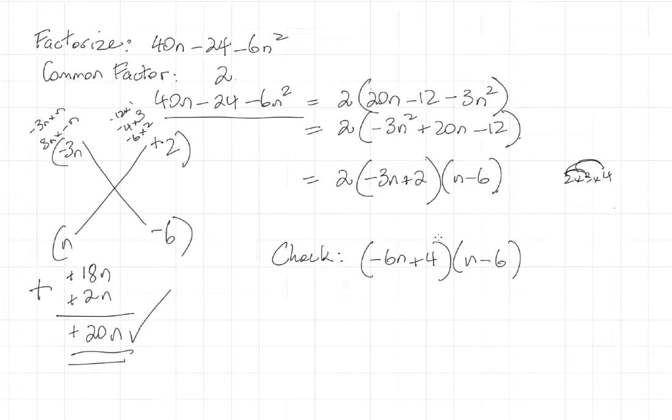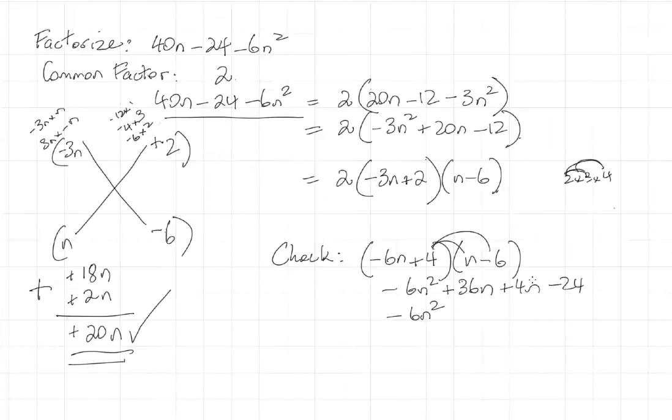Now we can use FOIL, and we do first: negative 6n squared; outer is plus 6 sixes are 36n; inner plus 4n; last minus 24.